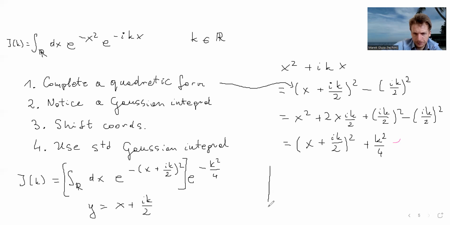We need to imagine that we have the complex plane, real of y, and then imaginary of y, and that we are having an integral actually over a path in the complex plane.